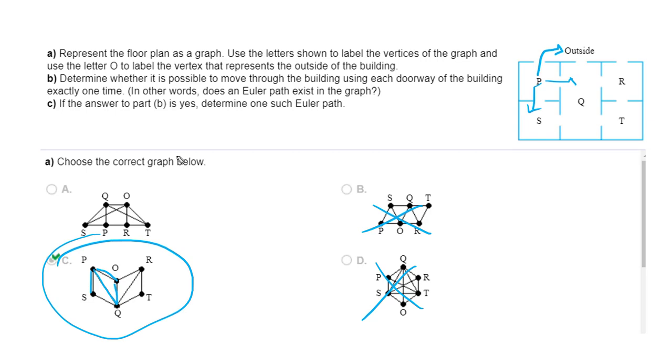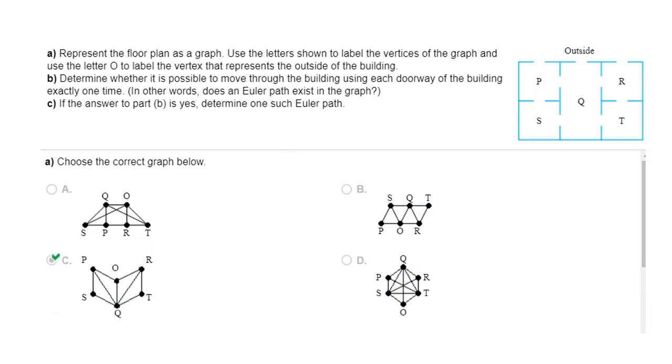Now the next part of the question is asking you, does an Euler path exist? What you have to do is look at the number of edges at each vertex.